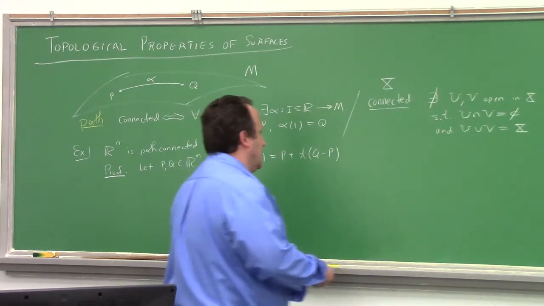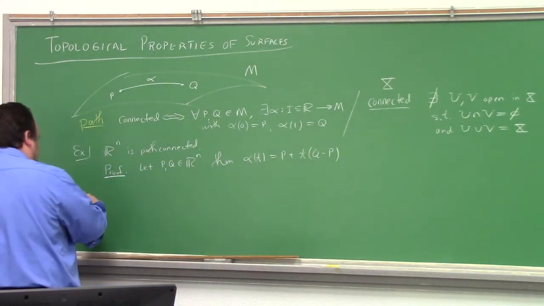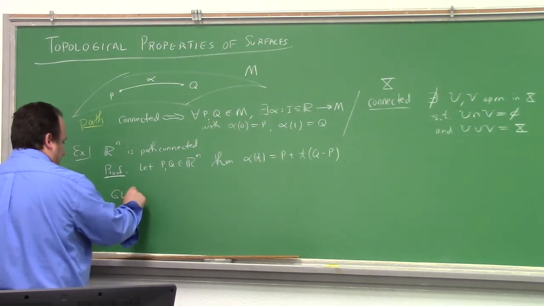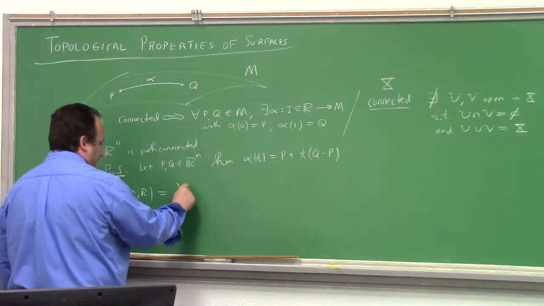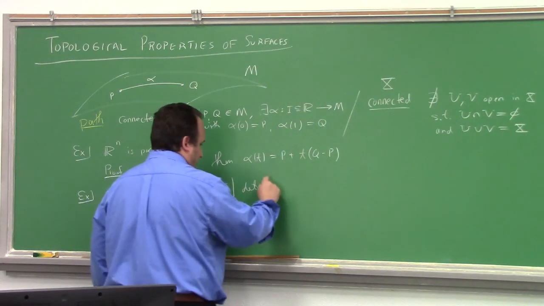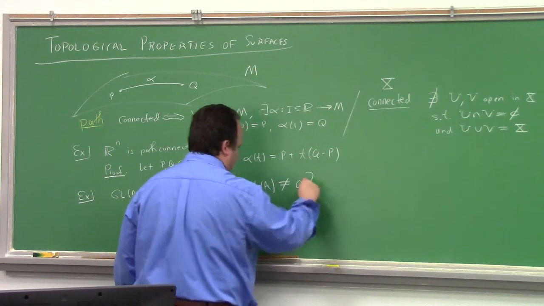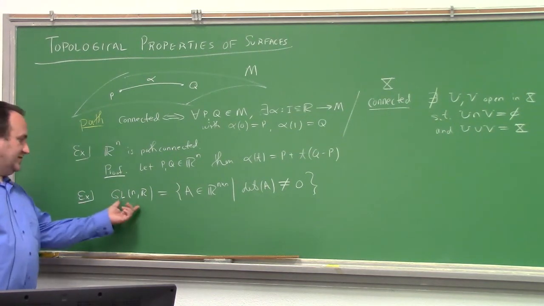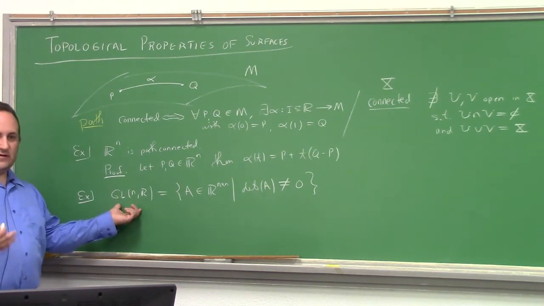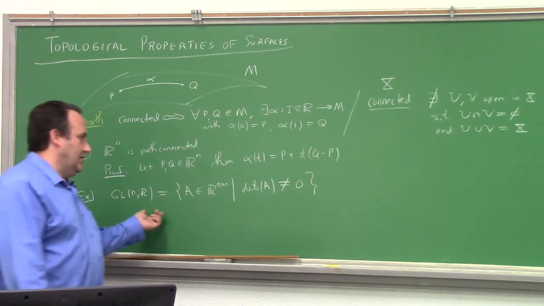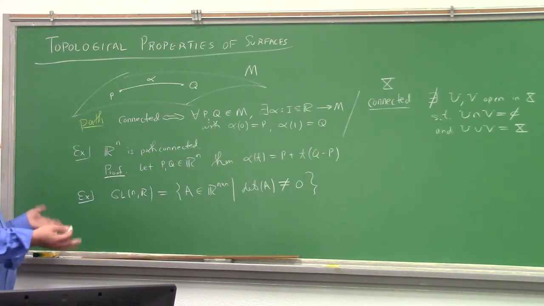So, for example, maybe it's useful to have an example which is not connected. If you look at, for example, GL_n(R), this is the set of A in R^(n by n) such that the determinant of A is not equal to 0. If you look at that set as a manifold, this is an n squared dimensional manifold, and it's in fact not connected.